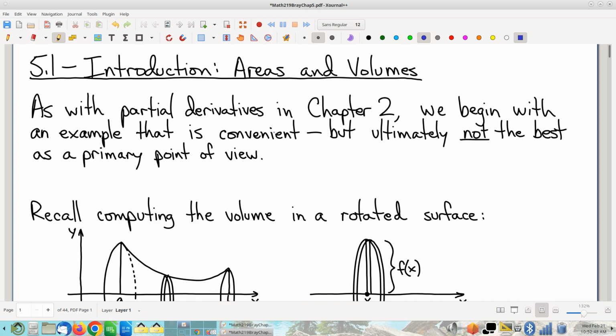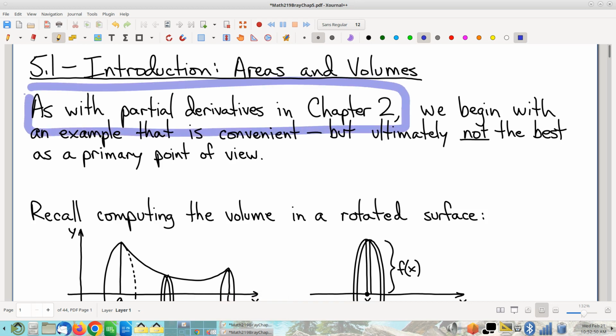Y'all will recall when we started chapter 2. We started with partial derivatives, and I complained about it. Because partial derivatives, they're easy. They're relatable. But, looking back as we now have the benefit of seeing all the rest of the stuff in chapter 2, ultimately, that's not how you should think about derivatives, right?